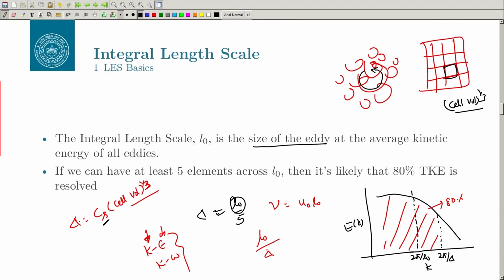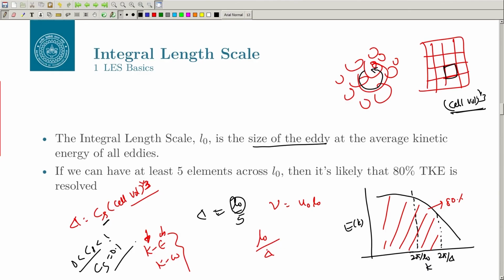So delta is a filter, right. Beyond that your energy is not resolved, the eddy is not resolved. So delta should be smaller than this cell size. The C_S value can be anything between 0 and 1, and what Smagorinsky has proposed is that C_S can be taken as 0.1.